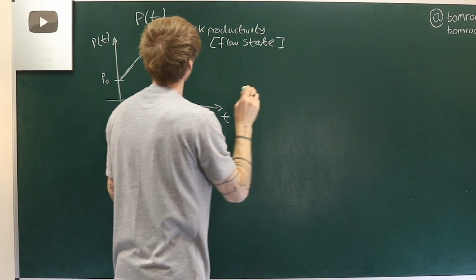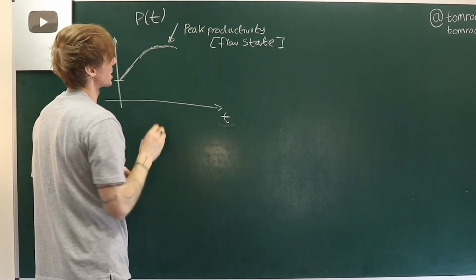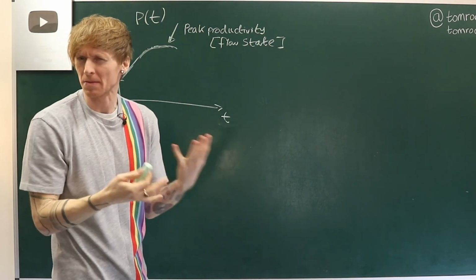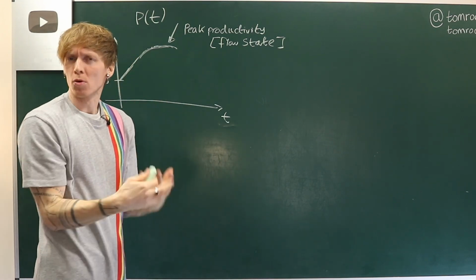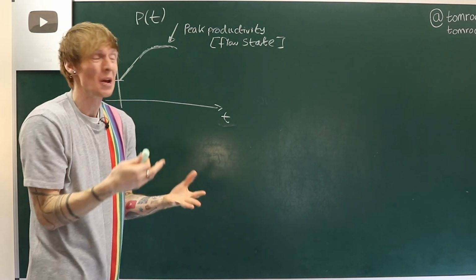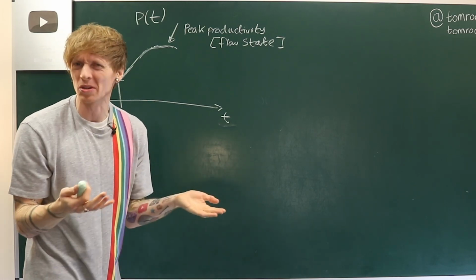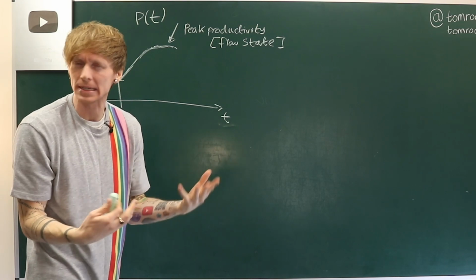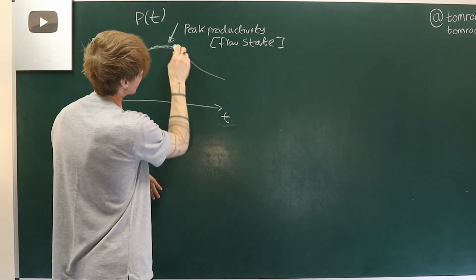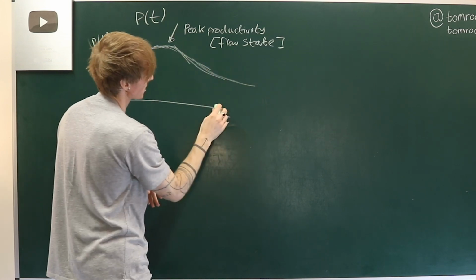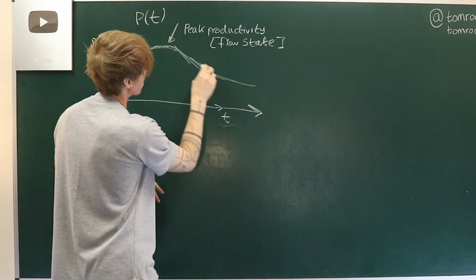But then we possibly will maintain this for some amount of time. But as we continue to spend more and more time on the same task, we begin to get a little bit bored, a little bit tired, our energy levels begin to get lower. So we actually expect the productivity to decline, possibly asymptotically, into the future.